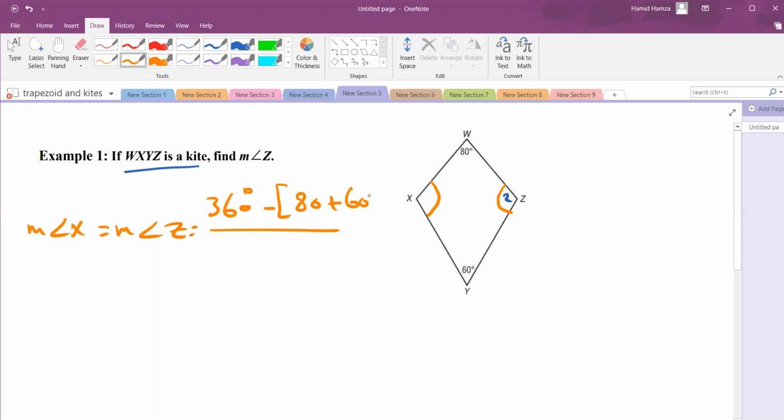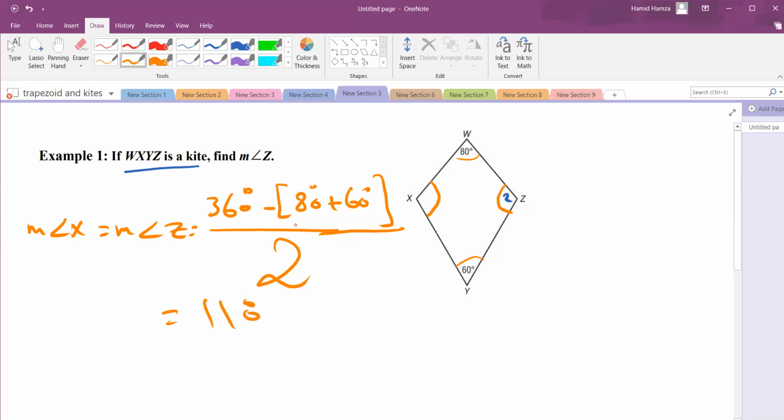80 plus 60. And this answer should be divided by 2, because if you subtract these two angles from 360, the remaining is the sum of X and Z. And because X and Z are the same, I'll divide the answer by 2. Both of them are 110. What's the answer? 110, 110.